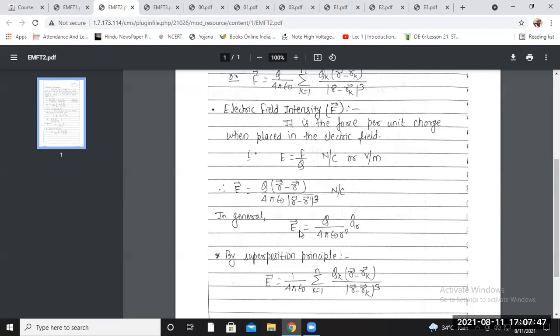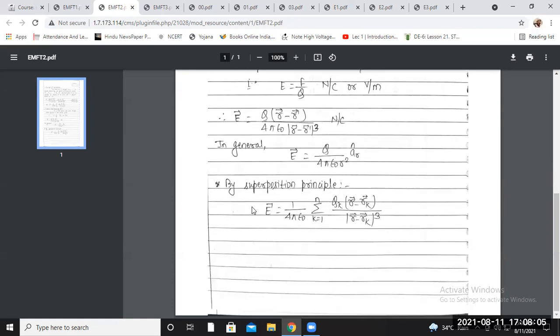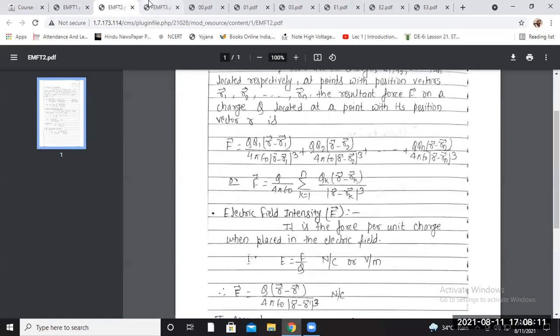In general, with the notation of the unit vector, we can write the electric field intensity in this format: E equal to Q times unit vector a_R in the radial direction, over 4 pi epsilon naught R square. If you have multiple charges, then you can write the electric field intensity using this formula. That we have discussed in the previous classes.